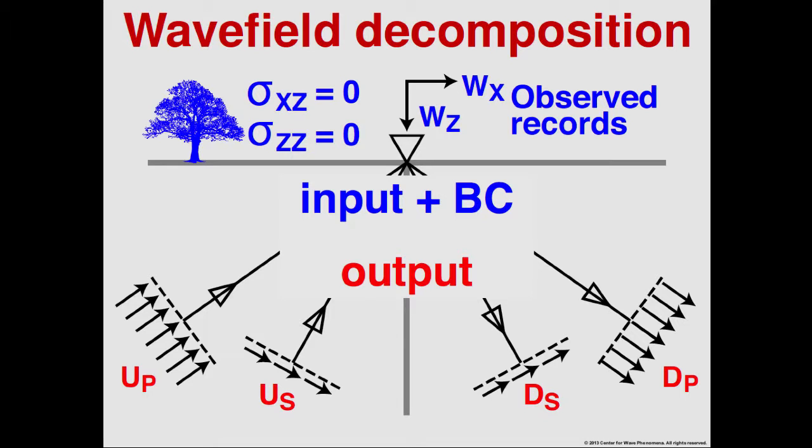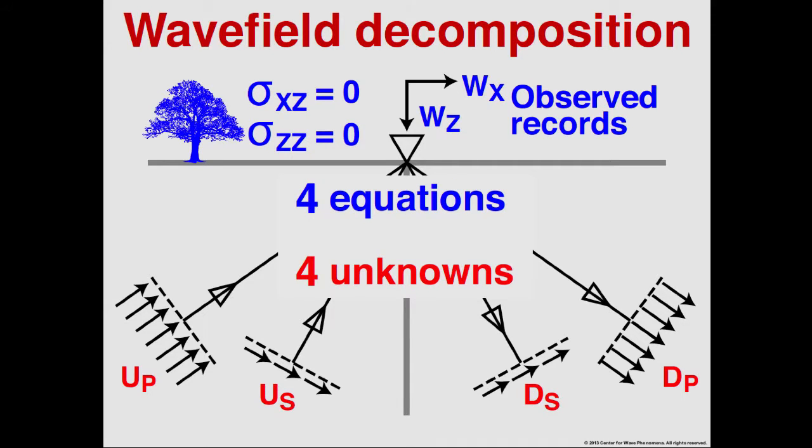Using the blue information to estimate the red terms is this decomposition. Also, Wx, Wz, sigma zz, and sigma xz can be written as the summation of upgoing and downgoing P and S waves. Therefore, this blue information is equivalent to four equations. Because we have four equations to estimate four unknowns, we can solve this system.